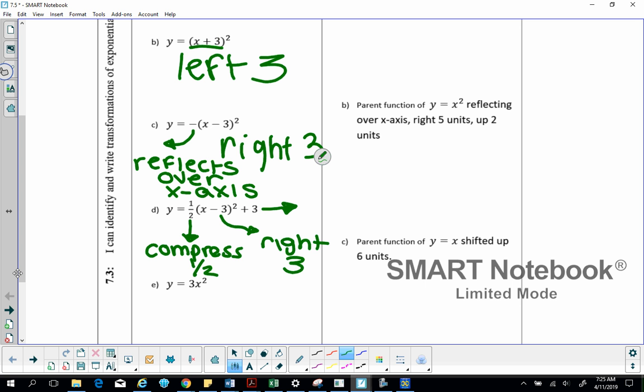That plus 3 at the end? Good. And the last one, the only thing that's changing is that 3 in front. So what is that 3? Just like that 1/2 was. Compress and stretch. So it would be a stretch.